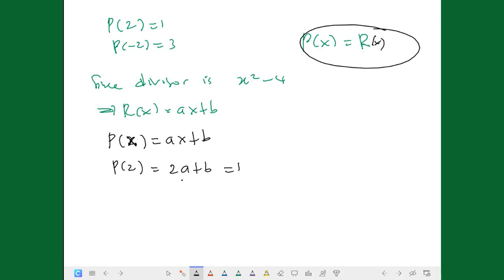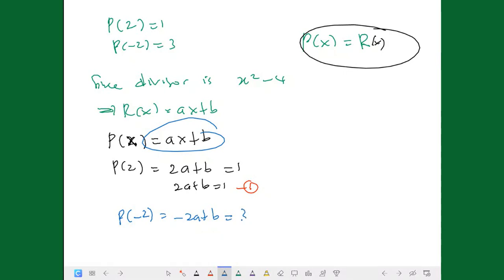Making a conclusion is also fine. So we get 2a plus b is equal to 1, 1 equation. The second one, P of negative 2 substituted in this, negative 2a plus b is equal to 3. Or put 3 here, also possible. So this is the second equation.